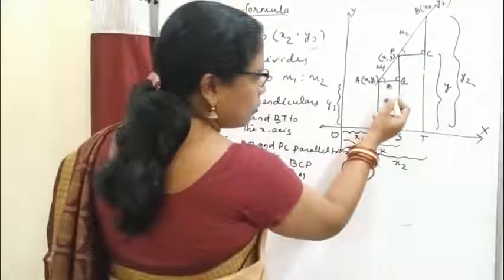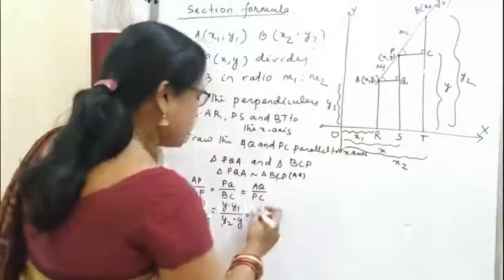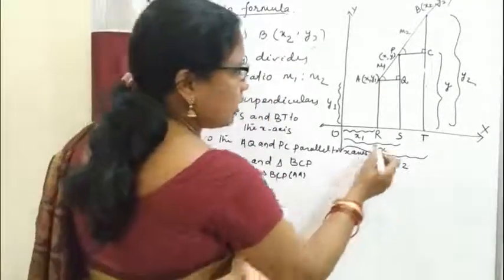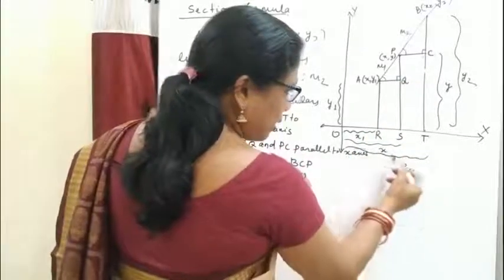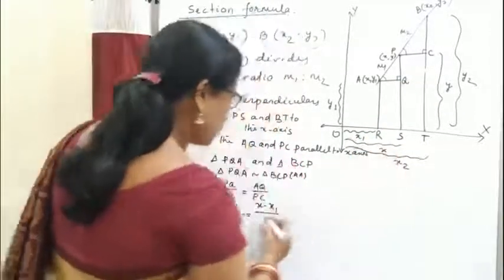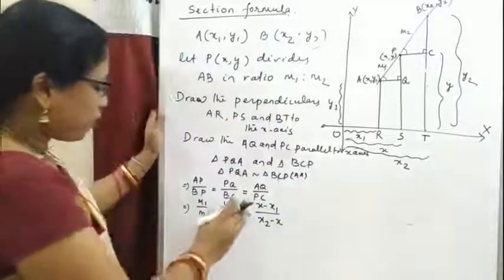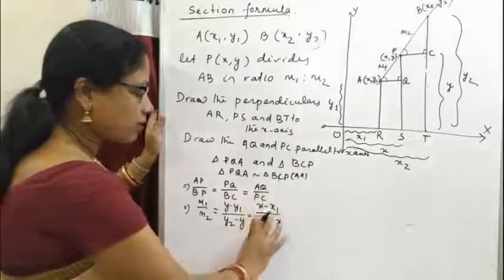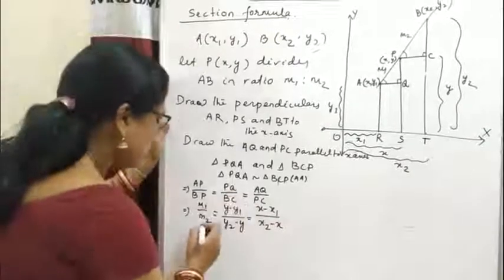What is AQ? AQ is x minus x1. Then what is PC? PC is x2 minus x. So by comparing m1 by m2 with x minus x1 by x2 minus x, we can find the value of x.